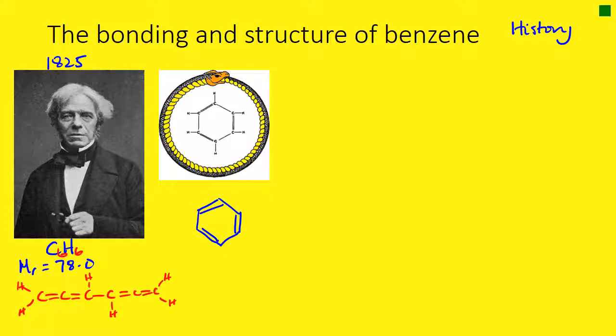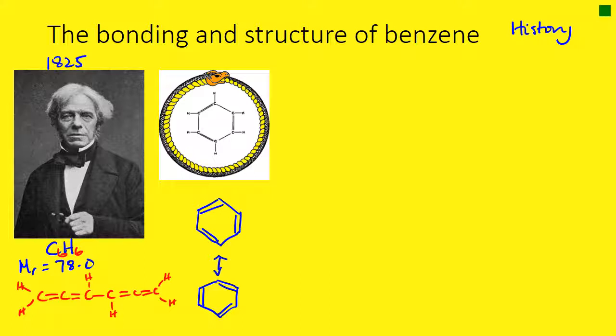And Kekule proposed that it existed in resonance structures. So a resonance structure was proposed that existed like this. You can see the double bonds are on the other carbons, and it flipped from one structure to the other, such that any approaching electrophile couldn't react with the double bond because it was switching all the time.